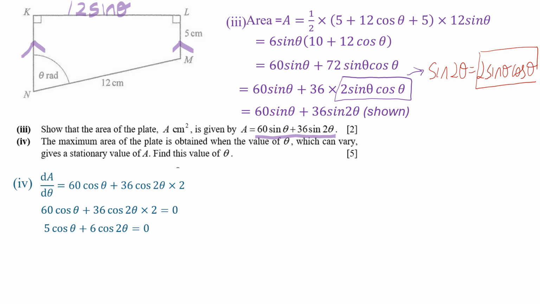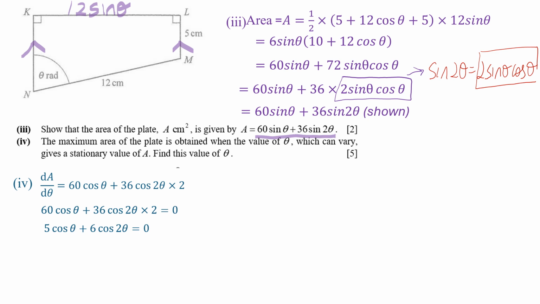You can divide by 6 first and then divide by 2. Basically you can divide by 12 to get 5 cos theta plus 6 cos 2 theta equals 0. So that is solving a trigo equation. If you're not strong in your trigo, you will realize that you get stuck here. So how do we solve it?